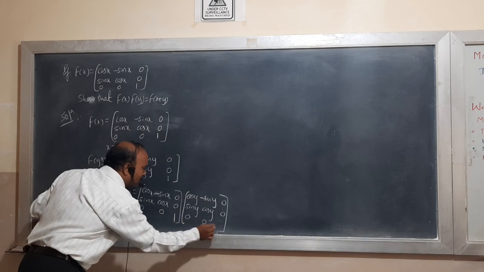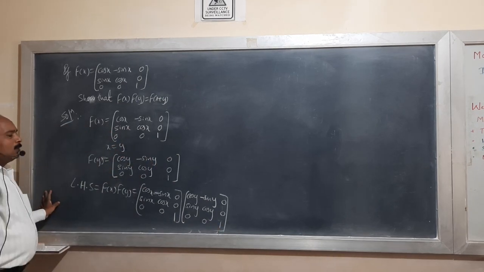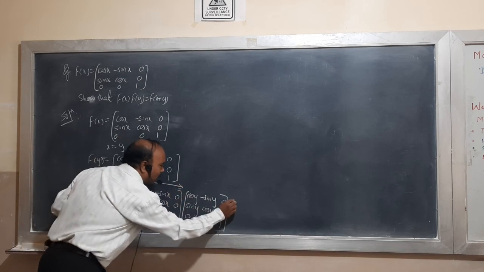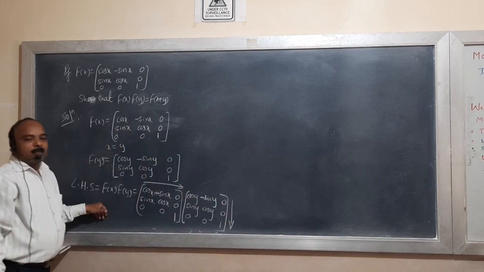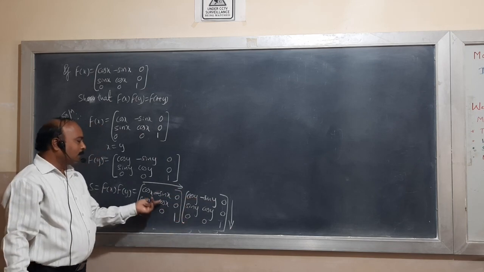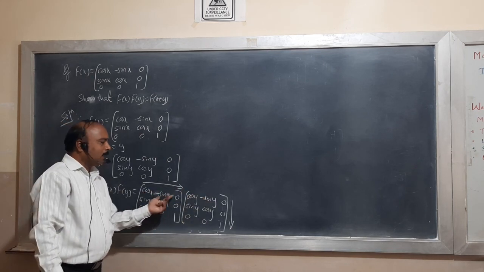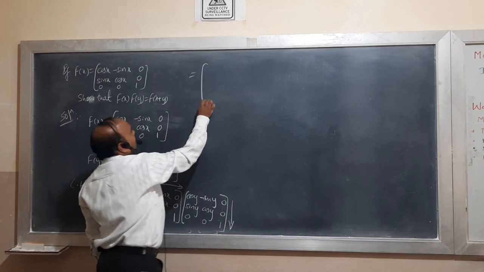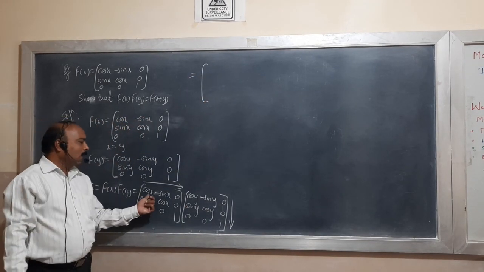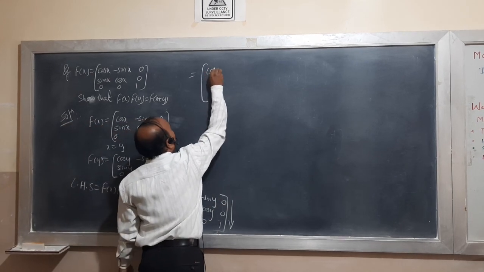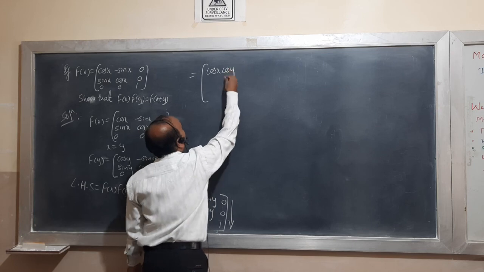0, 0, 1. Now we go for multiplication of these two matrices, that is row with column. The first row we multiply with the first column, after that the first row with the second column, after that the first row with the third column. First you multiply cos x with cos y, that is cos x into cos y.